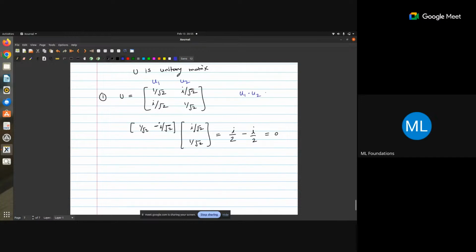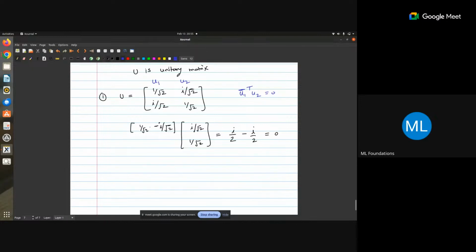The dot product between the two vectors is equal to 0, or in other words, U1 transpose U2 equals 0, right? But in the complex case, what did we say about the dot product? We have to take a conjugate, then transpose, and then multiply with the other vector. That is what we discussed at the start of the session, right? Yes, sir. So that's why I have taken that minus here.